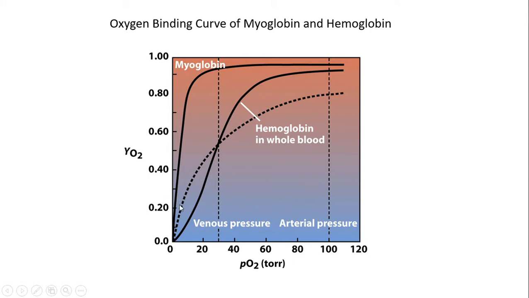Comparing that to the myoglobin, which is a hyperbolic curve, we have this shape here. So we have hyperbolic for myoglobin, sigmoidal for hemoglobin. When the curve flattens out here, we are fully or as close to fully saturated as we can possibly get.